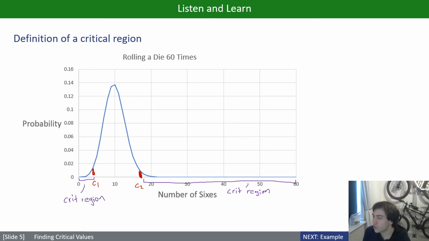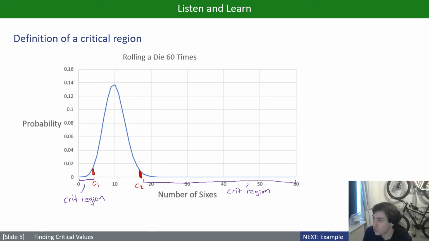Okay, so a critical region is a number. Sorry, no, it's not. Let me go back. A critical value is a number, a single number, the red ones. A critical region is a region, right? It's an inequality.